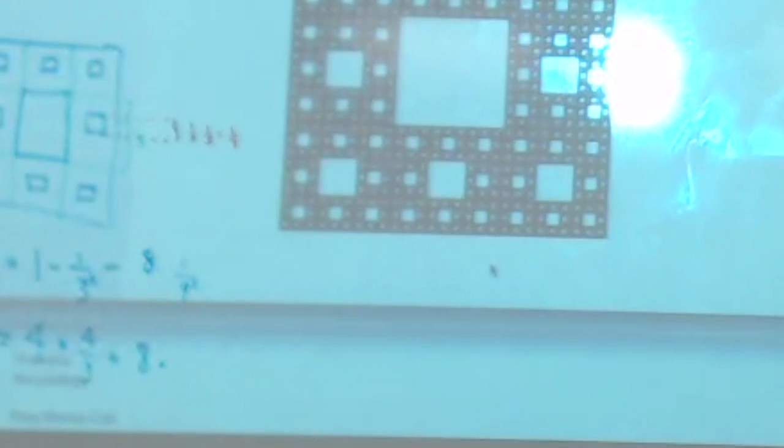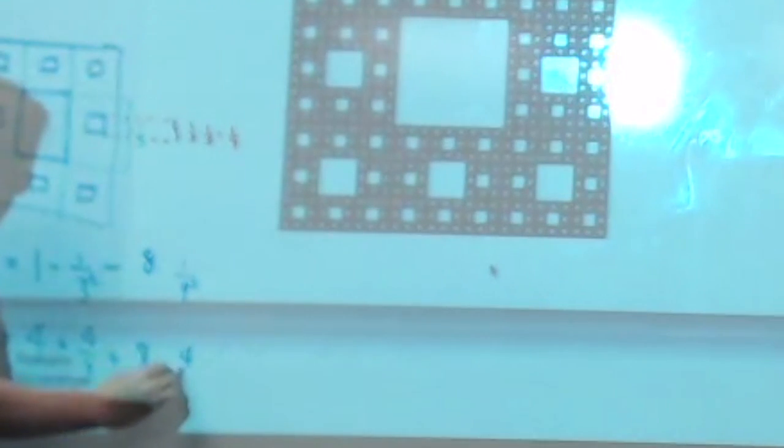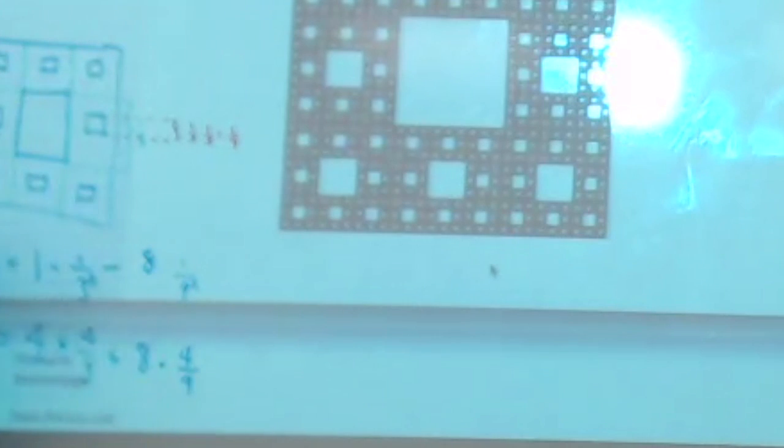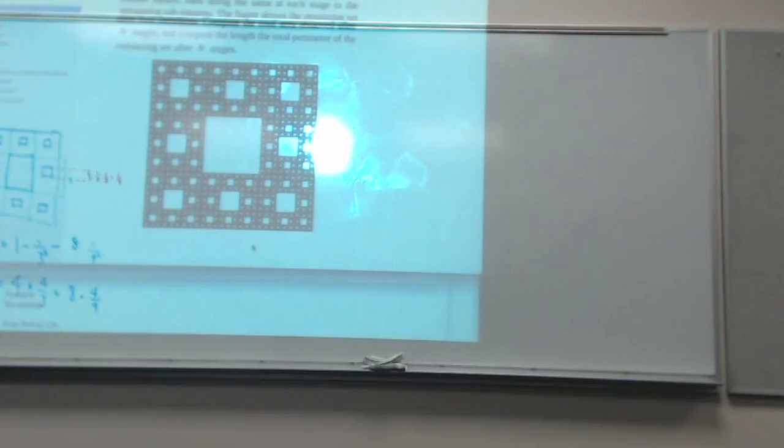Because each one is 1/9 by 1/9 by 1/9 by 1/9. So 4 times 1/9, which is 4/9. And there's 8 of them, right? And you just keep doing what I'm doing until you see a pattern. I'm not really seeing a pattern yet.